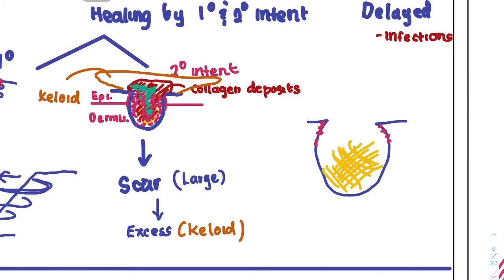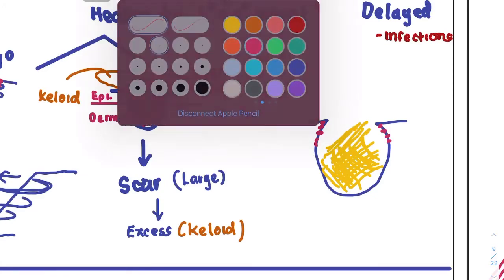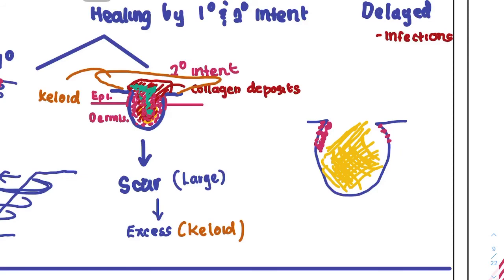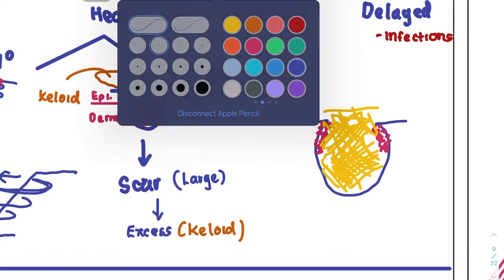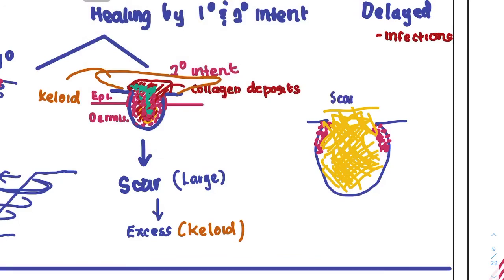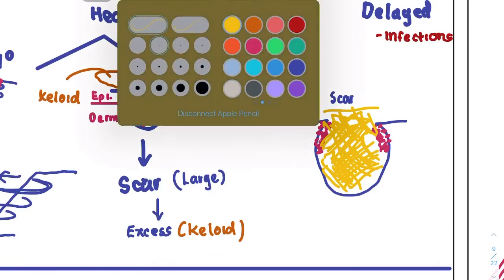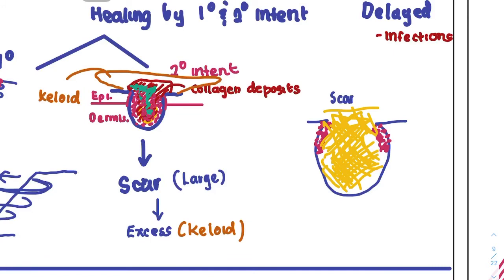There's going to be some sort of repair, but the main thing is fibers come, and this is going to form a scar. Now if the deposit does not stop afterwards, if there are excess deposits even outside the confinements, it's going to form a huge scar, and this is called a keloid.